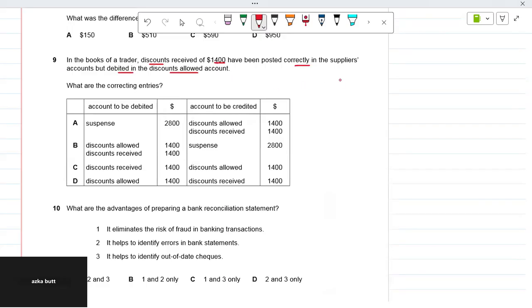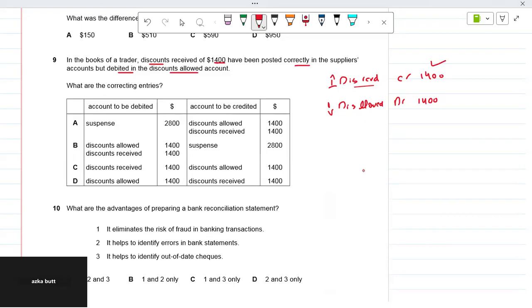So basically, your discount received account should be credited with 1,400. But what we did, we debited the discount allowed account with 1,400. Now what we have to do, we have to reduce the discount allowed account, and we have to increase the discount received account. So in order to increase the discount received account, we will credit the discount received account with 1,400.